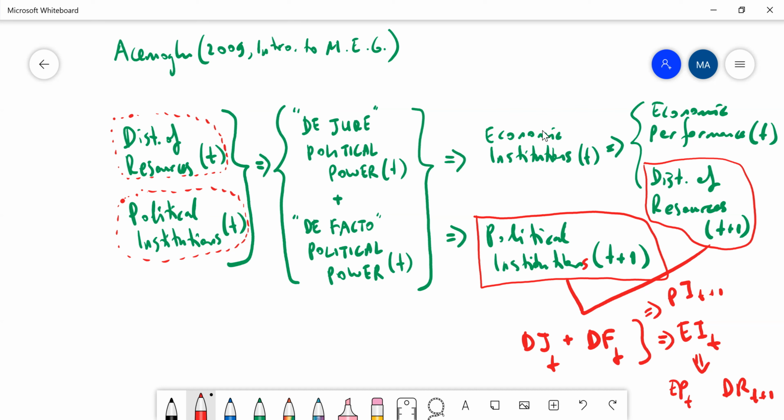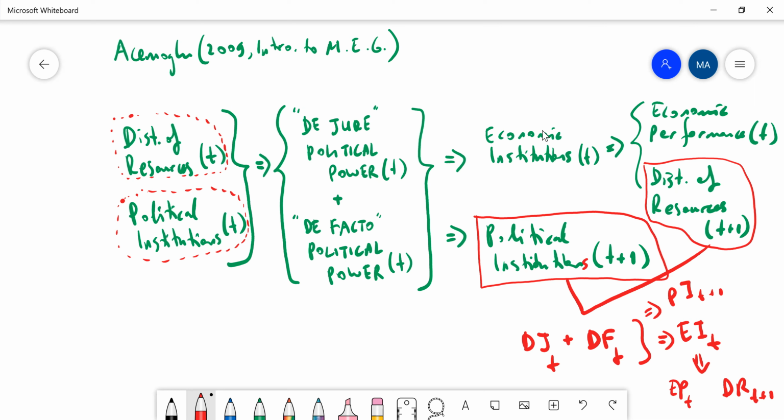Even if the de jure political power is very large, suppose a democratically elected government has this huge de jure political power, because it is written in the constitution. So this is the government for the next four or five years. This government will run the state, and will be the main executive branch.